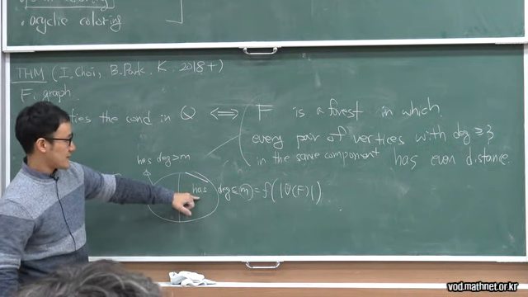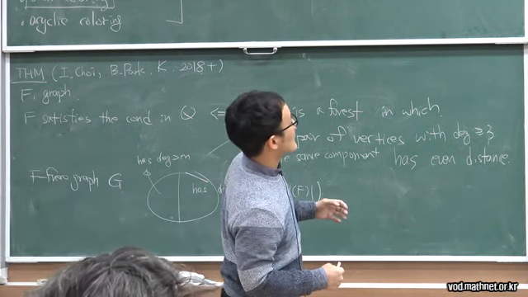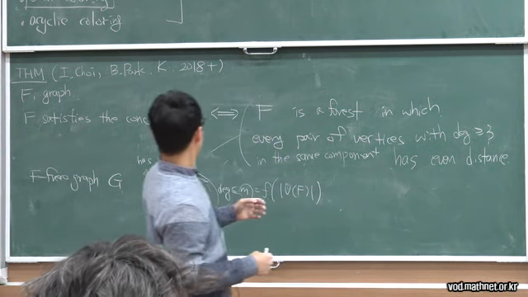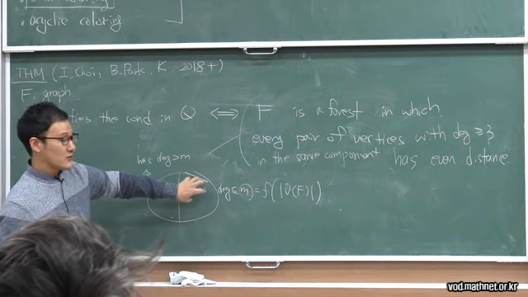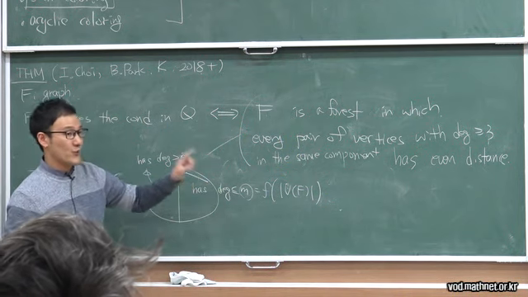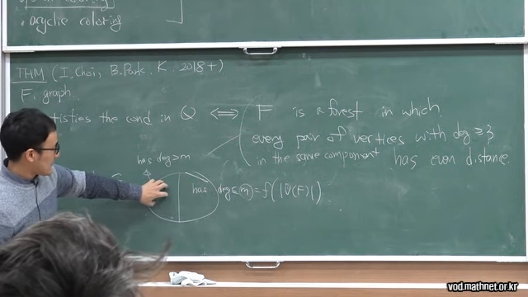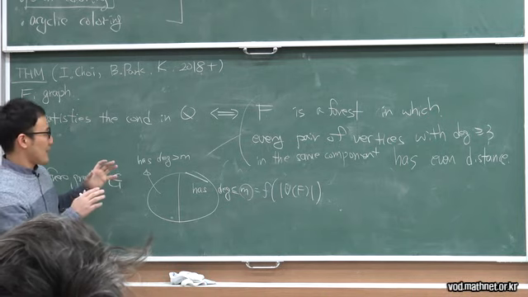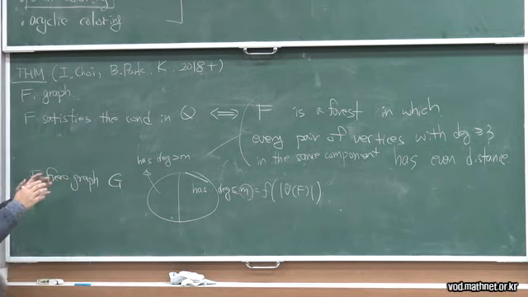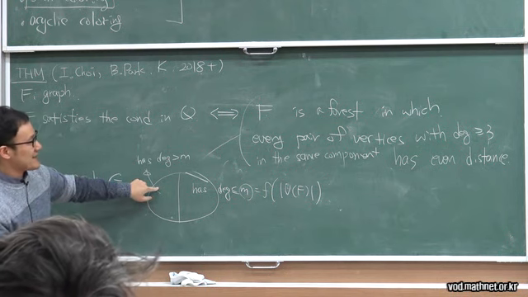Because the part with small maximum degree needs just M squared plus 1 colors. And for the other part, every vertex has large degree.